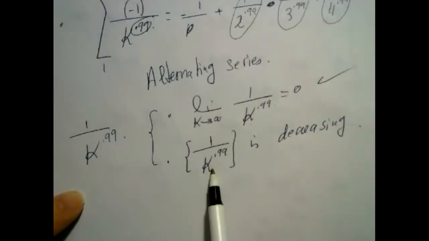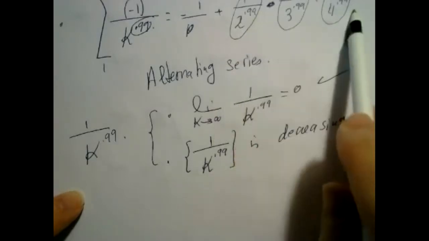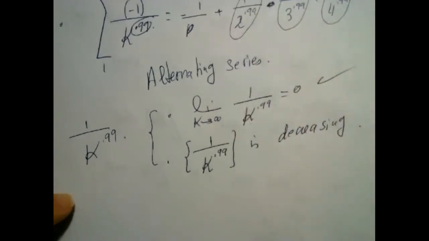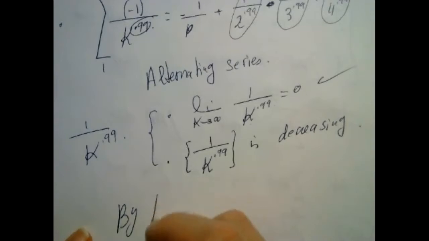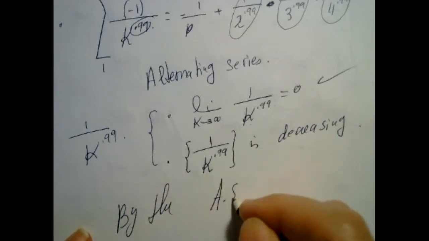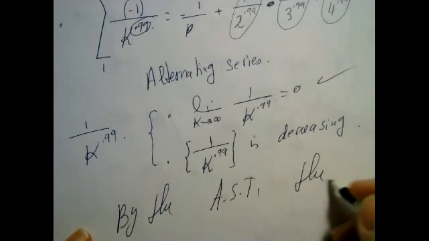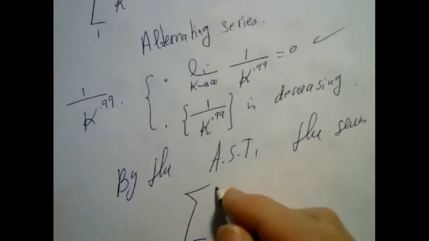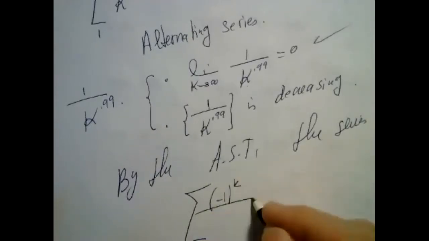So by the alternating series test, since both conditions are satisfied, the series sigma of (-1)^k over k^0.99 converges.